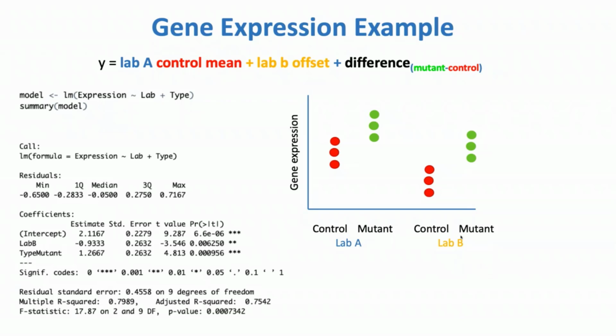So you want minimal variation between them. But that's a different thing. There are algorithms called batch removal algorithms. But I don't think there was enough time to talk about that in detail.